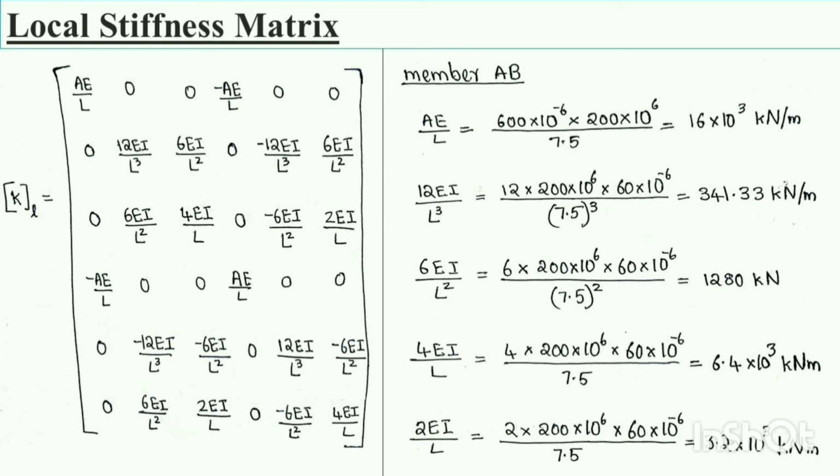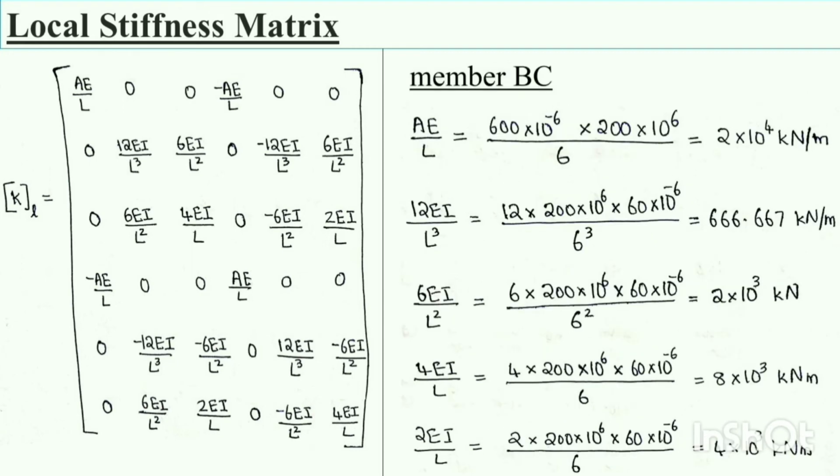And finally, 2EI by L is equal to 2 into 200 into 10 raised to 6 into 60 into 10 raised to minus 6 divided by 7.5, which is equal to 3.2 into 10 raised to 3 kilonewton meter.